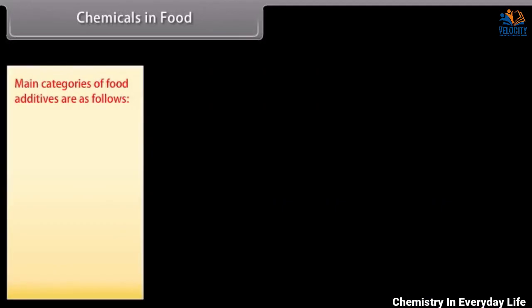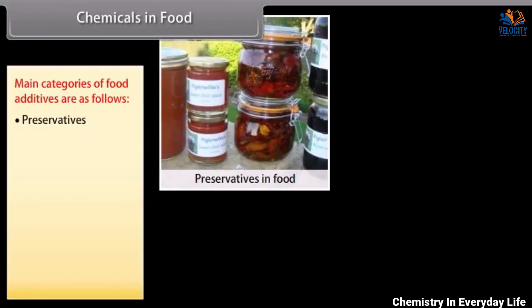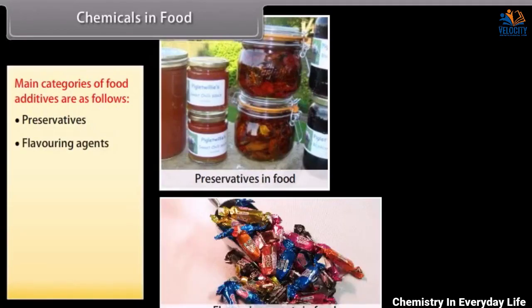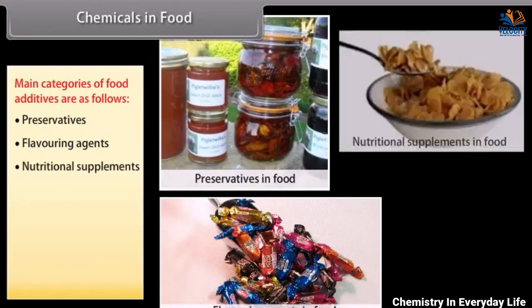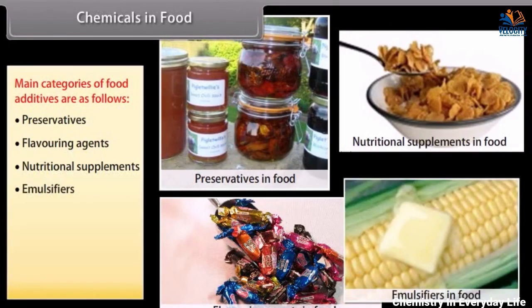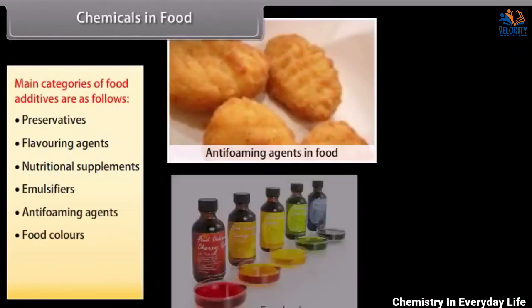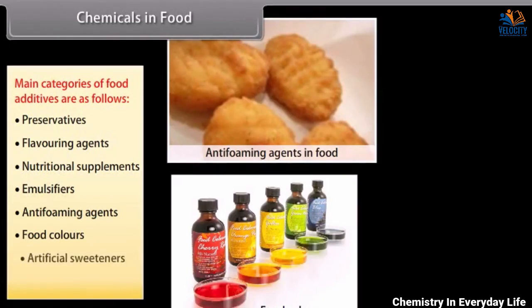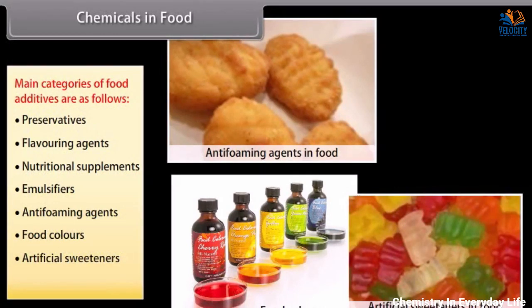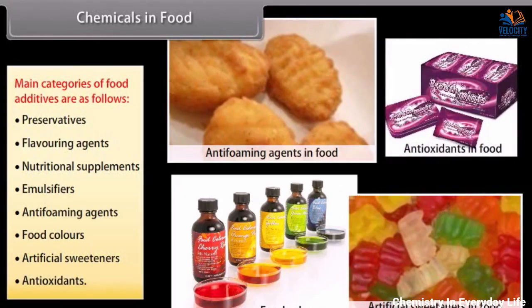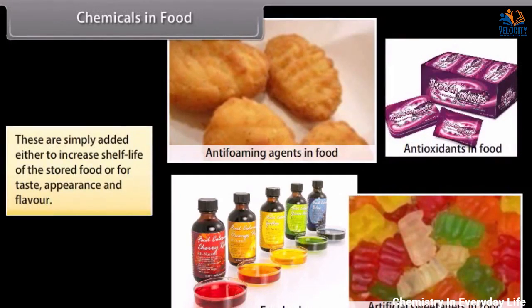Main categories of food additives are as follows: preservatives, flavoring agents, nutritional supplements, emulsifiers, anti-foaming agents, food colors, artificial sweeteners, antioxidants. These are simply added either to increase shelf life of the stored food or for taste, appearance, and flavor.